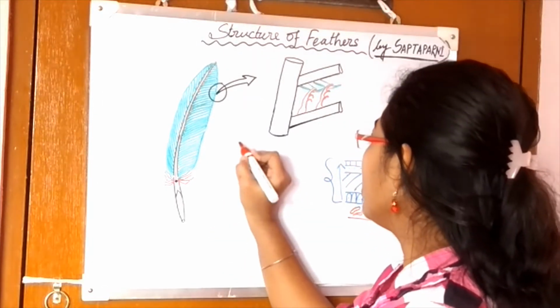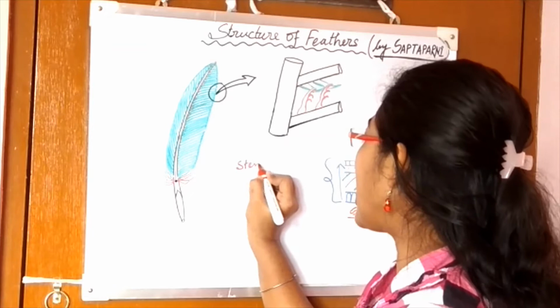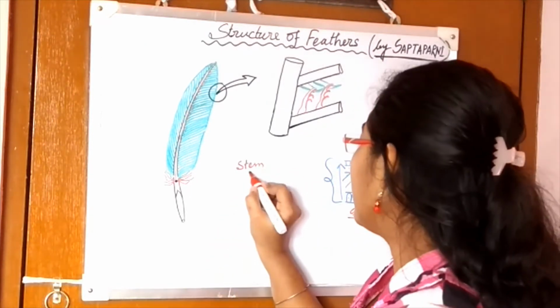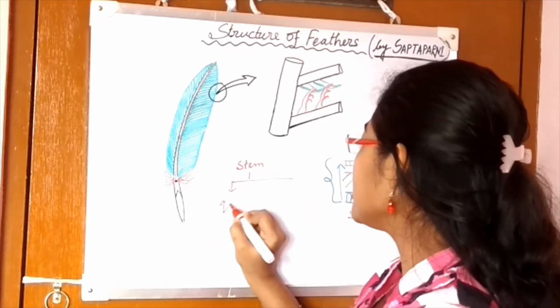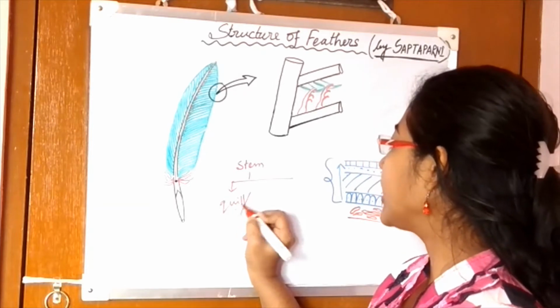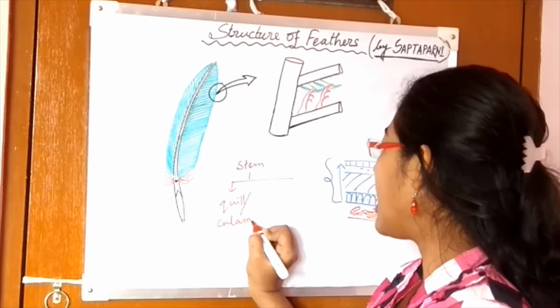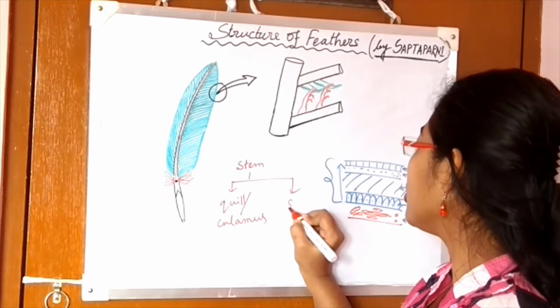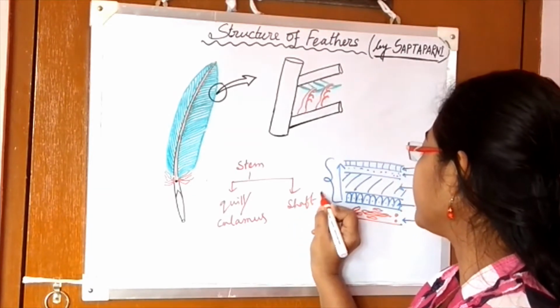Now, stem has two parts, okay. Quill or calamus and shaft or rachis, okay.